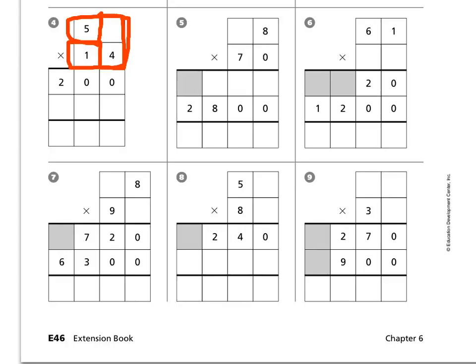So I have a 5, and I know that 4 times 5 is 20, but then I also need a 0. Now I can go back and I can do the 50 times 10, and I know that 50 times 10 is going to be 500. Now I can add this up and get 700.